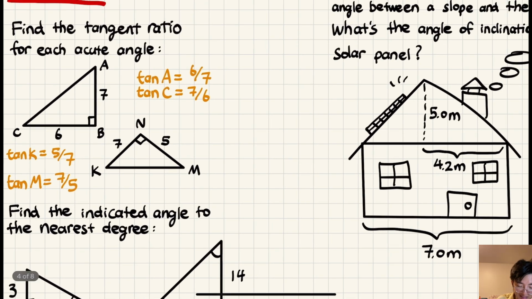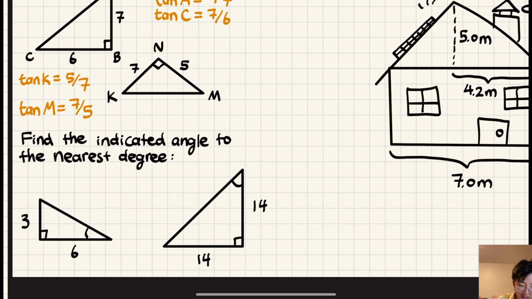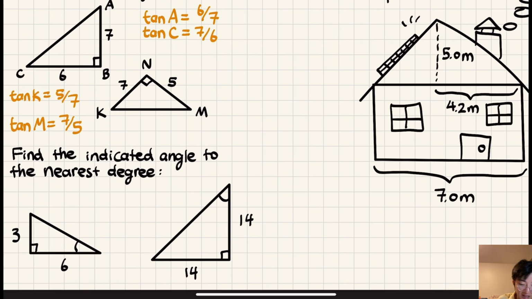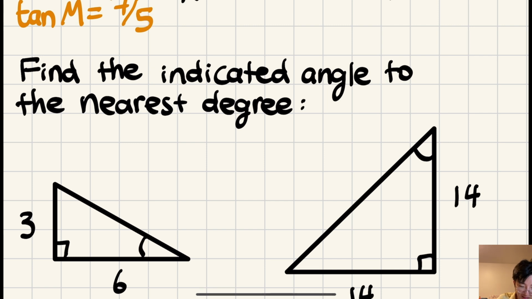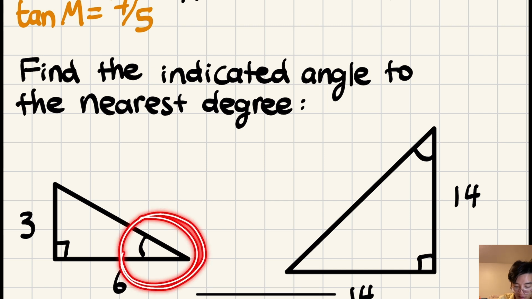Alright, that's an easy one. So for the next question, we actually have to calculate the degree. There are two indicated angles we have to look at. The first one is right here. This is the angle we're looking at.